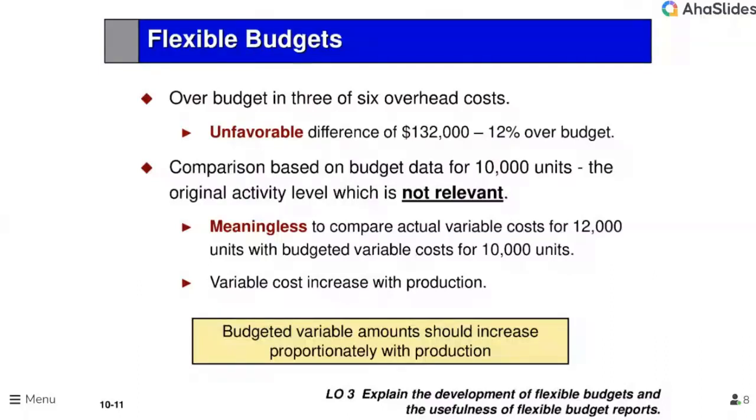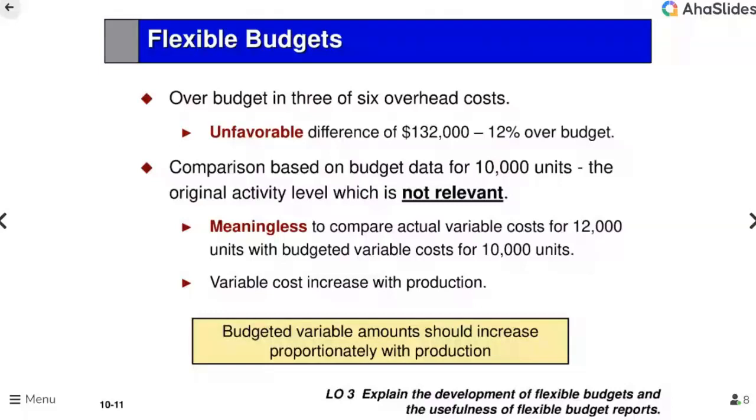It's meaningless to compare actual variable costs for 12,000 output with budgeted variable cost of 10,000 units of output. Why? Because we learned way back that variable costs increase with activity in direct proportion to activity. So the budgeted variable cost should be increased proportionally.